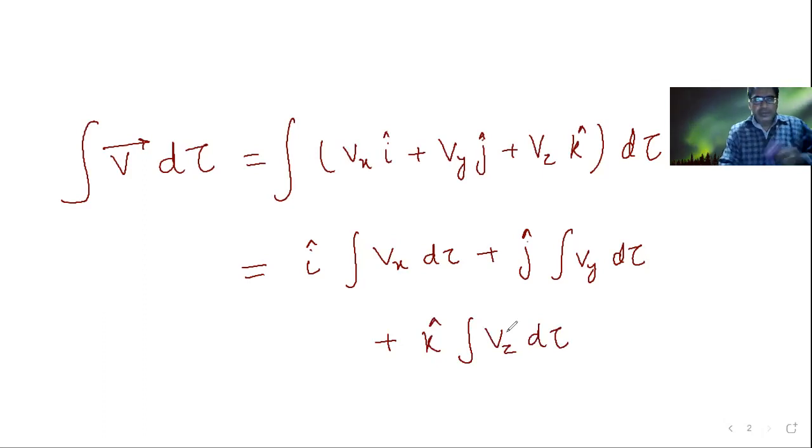So this way we express the volume integral when V is a vector field. We have pulled out i cap, j cap, and k cap from the integral because they are constants.